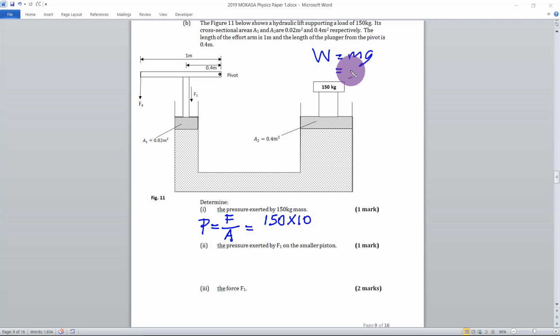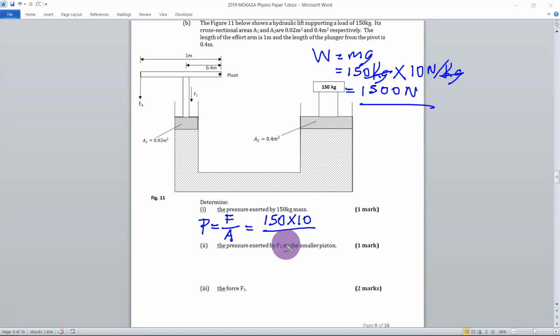The mass is 150 kilograms. The value of the gravitational field strength is 10 newtons per kilogram. And that is what is giving us 1,500 newtons. After this kg and this kg cancel out, we are left with newtons.